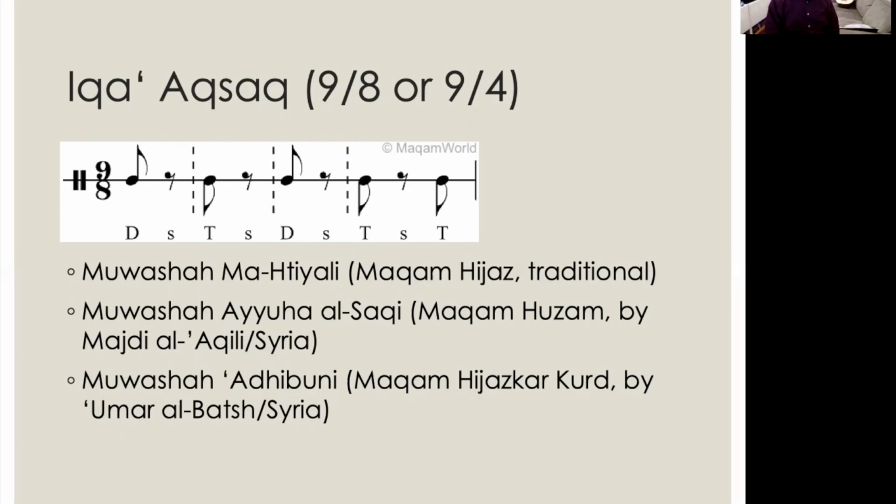Percussionists have a very wide range of freedom to ornament, embellish and interpret, and two dums is sometimes a valid way of interpreting aqsaq. So you can consider them two alternate forms.